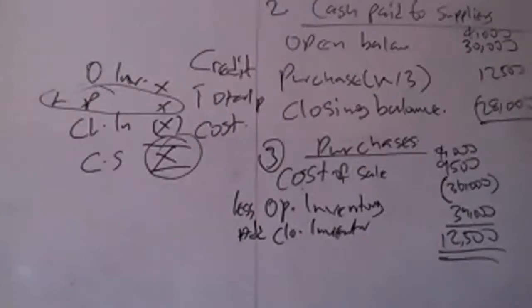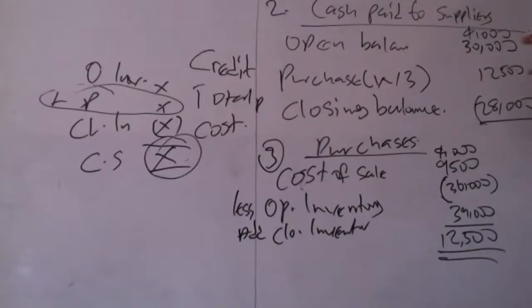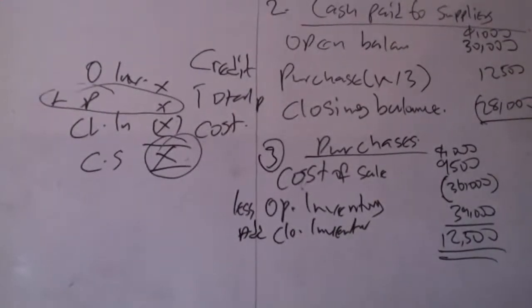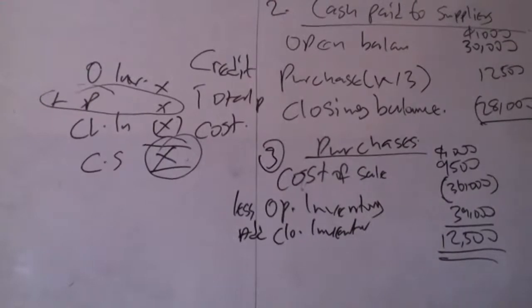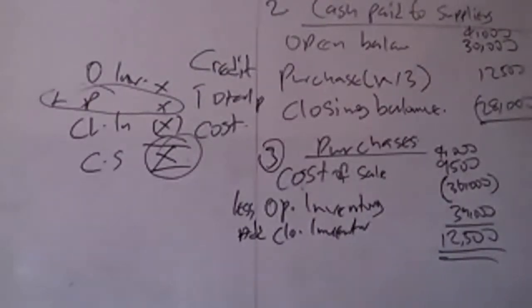So tell me the total answer for the cash paid to suppliers. So we are adding this plus this, then you put the answer down. Then we move on. Can you confirm the answers for me?